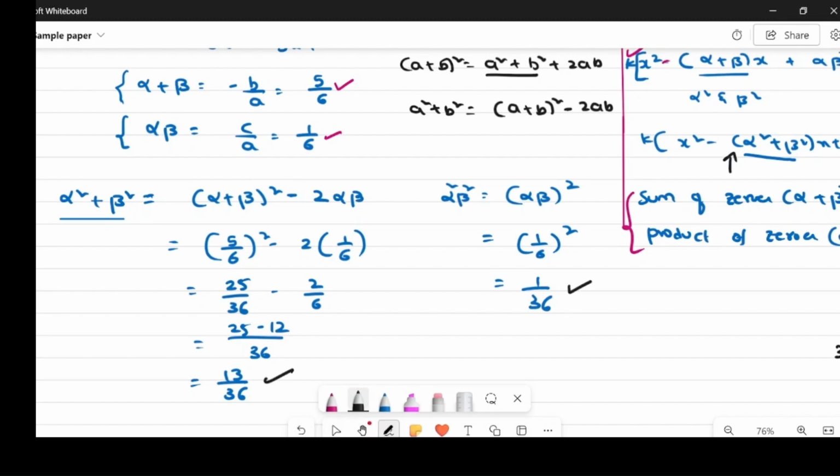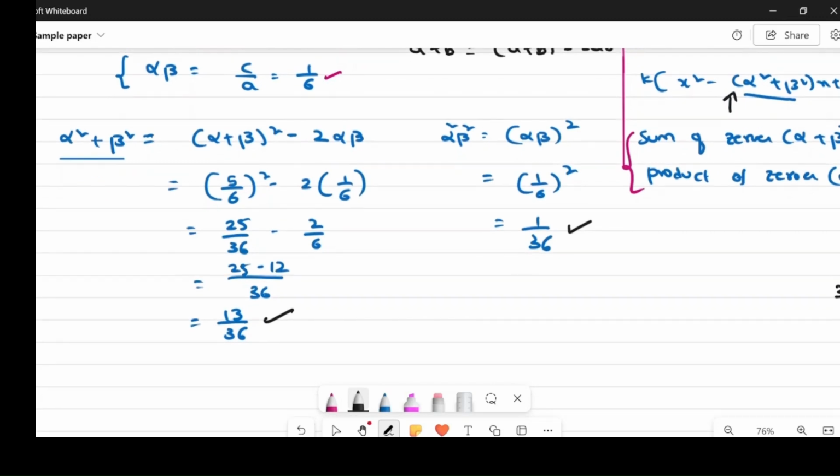Now we know the value of alpha square plus beta square. We know the value of alpha square beta square. Now substitute it here. Then the required quadratic polynomial is k into, your k can be any constant, x square minus of alpha square plus beta square into x, 13 by 36 x, plus alpha square beta square, which is 1 by 36.